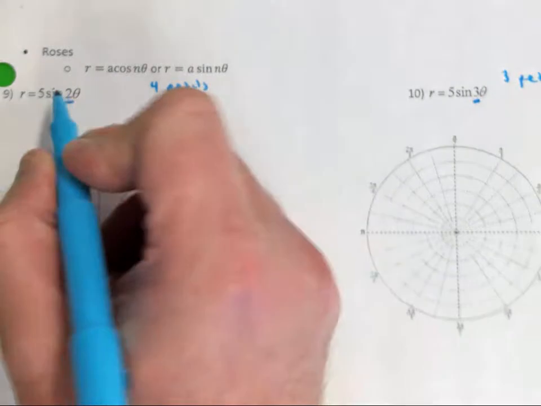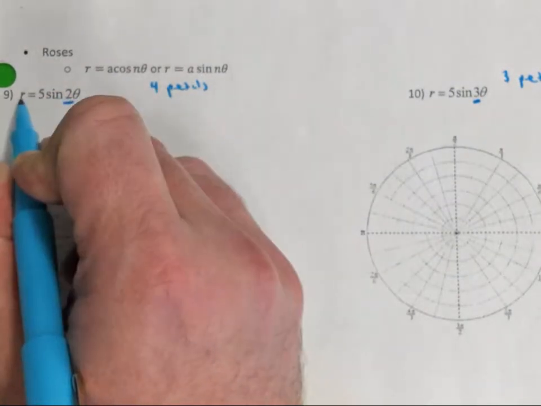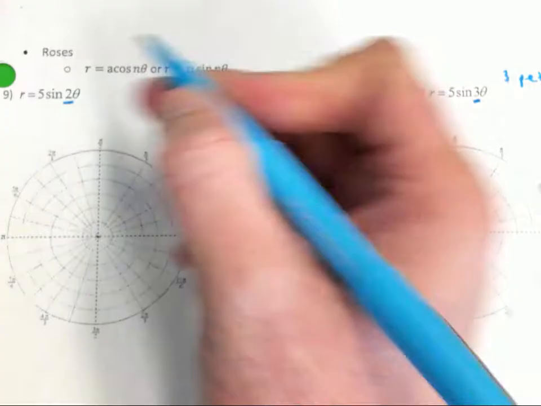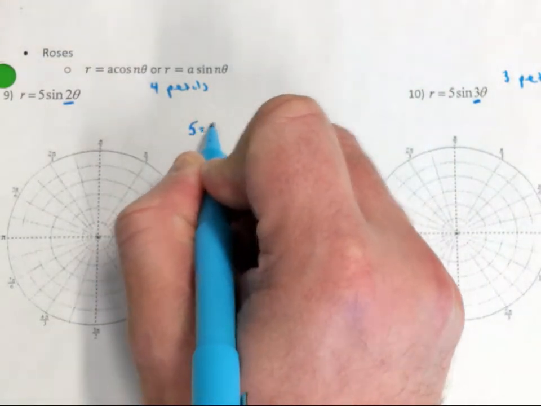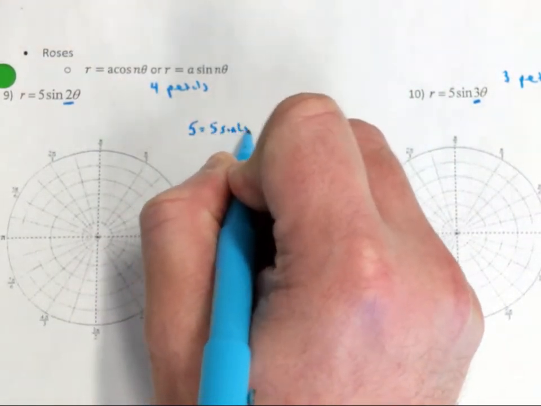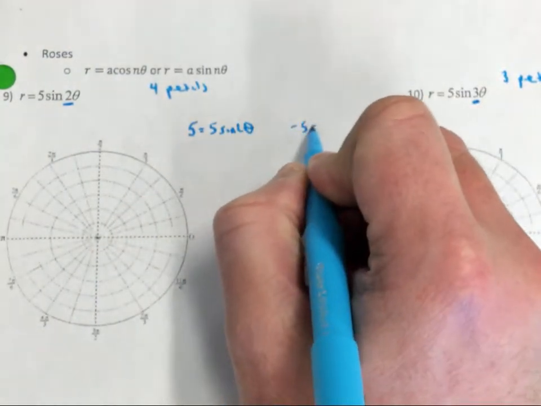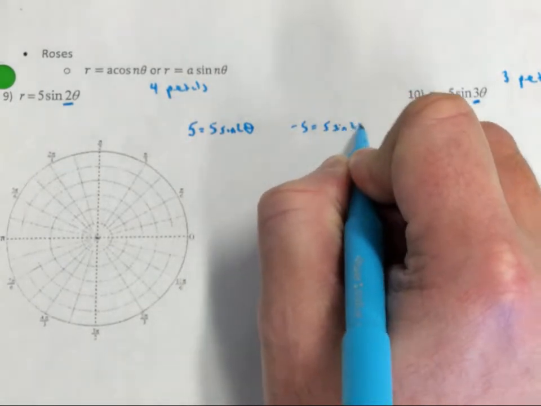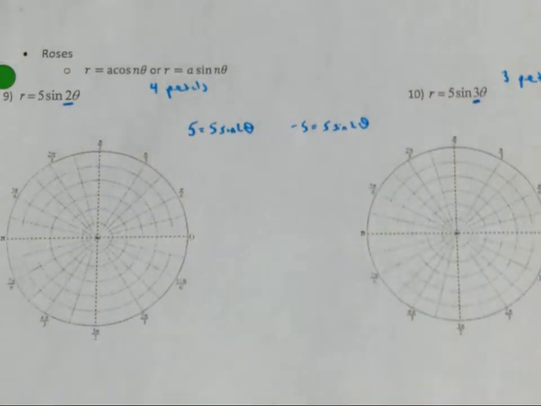So you want to know what makes this equal to 5, because that's the ring it goes out to. So you set up 2 equations: 5 equals 5 sine 2 theta, and negative 5 equals 5 sine 2 theta. Because you're wanting to know what makes that equal to that 5 or negative 5, because that's how far your petals are going out.